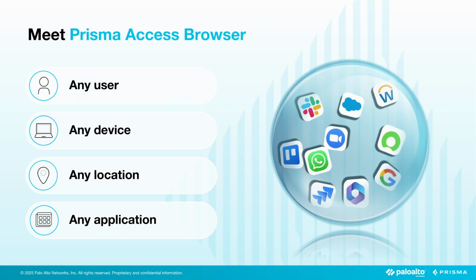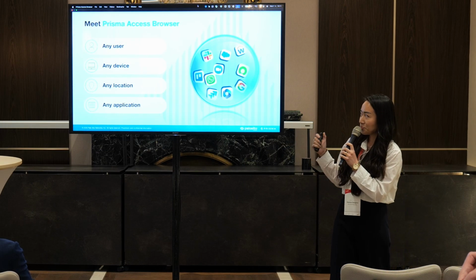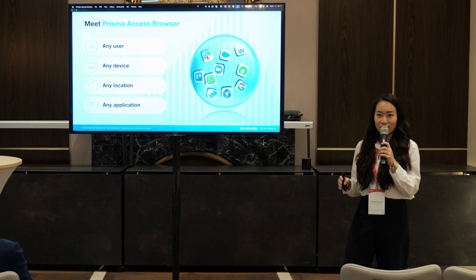So, meet Prisma Access Browser. What is it? It's a secure browser that secures any user, whether it's your employee, a contractor, or someone from a third party just connecting for a little bit of time into your organization. It secures any device.